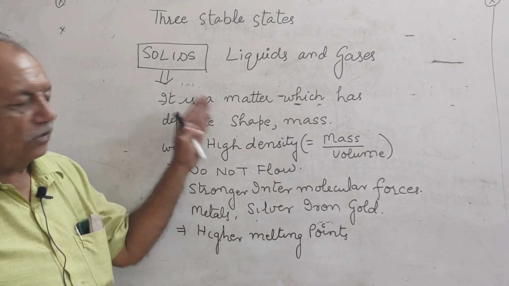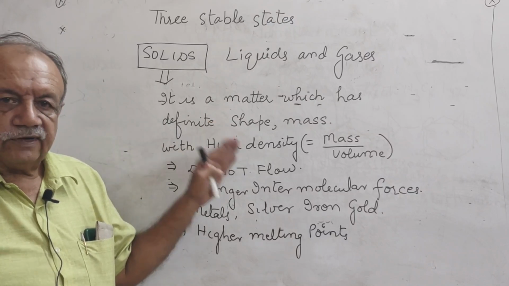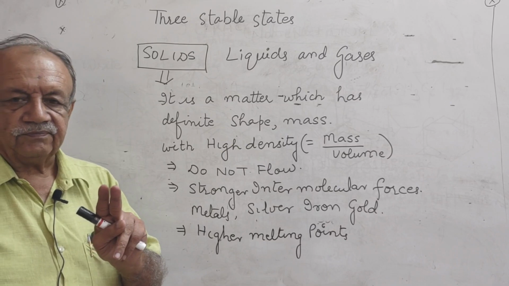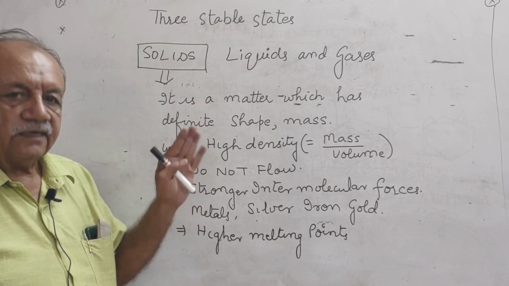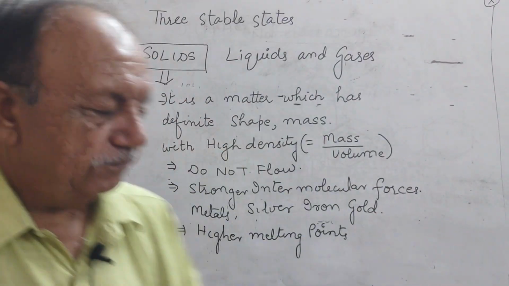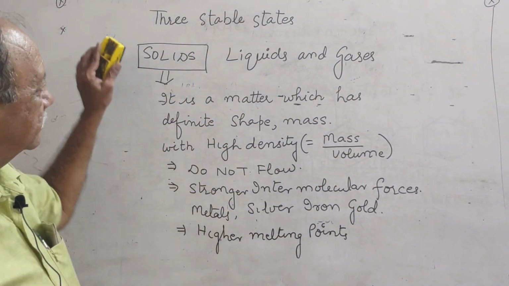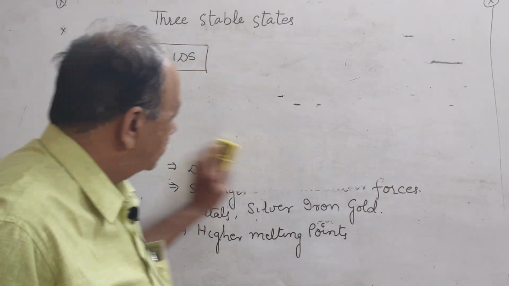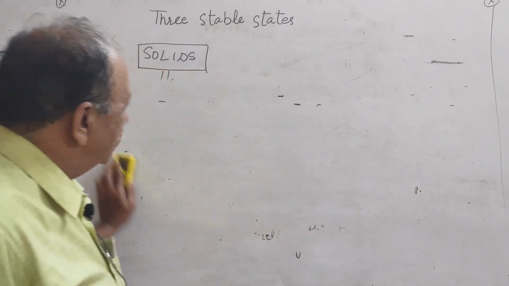Now, solids are further divided into two parts. What are the two types of solids? There are two types of solids.